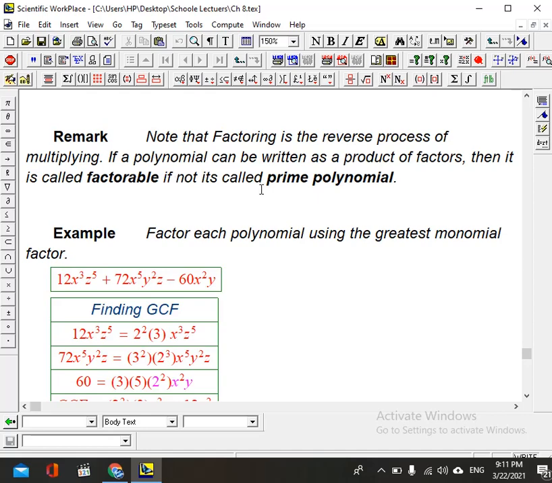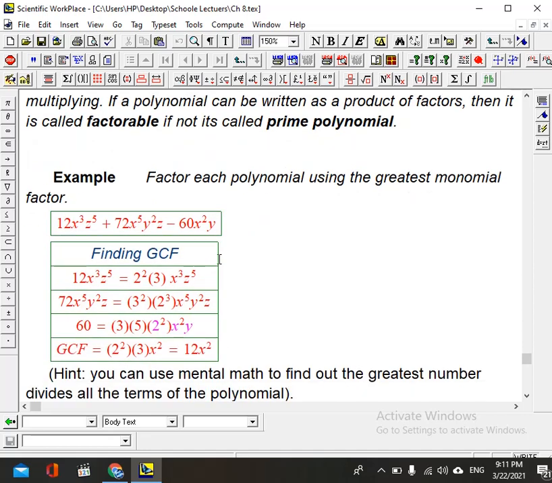If not, then it's called a prime polynomial. So a prime polynomial, like prime numbers, we cannot factorize it at all. Or in the same definition as prime numbers, its factors are just one and itself.